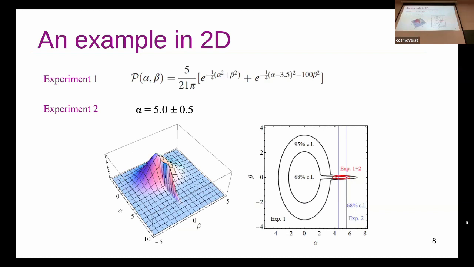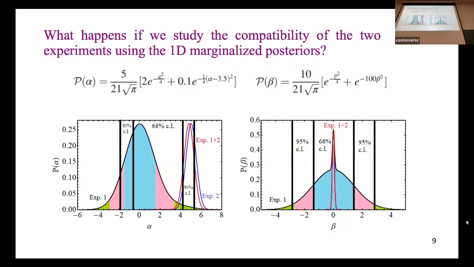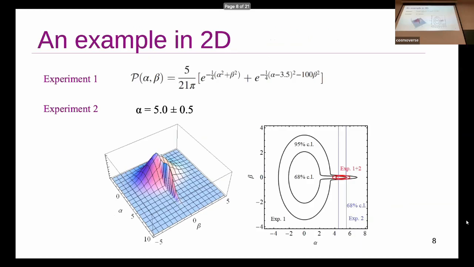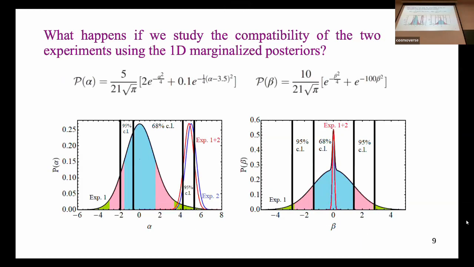In this example, what I've done is analyze the tension when we look at the marginalized posterior in 1D. This can be computed analytically, basically. The posterior distribution for alpha is given by this curve, and this blue region is the 1 sigma, 2 sigma, and 3 sigma region obtained from the 1-dimensional marginalized posterior.